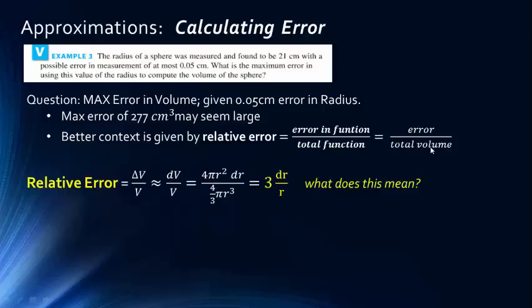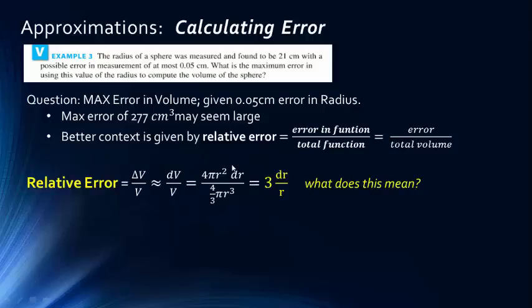All right. So notice that the relative error is just the delta concept over the actual functional value, the delta of the volume in this case over the actual volume. We already had a formula for dV from the last problem, 4 pi r squared dr, and our formula for volume in general for this sphere is 4/3 pi r cubed.